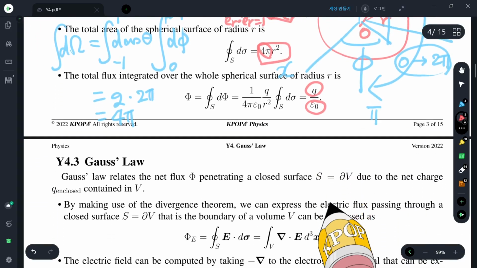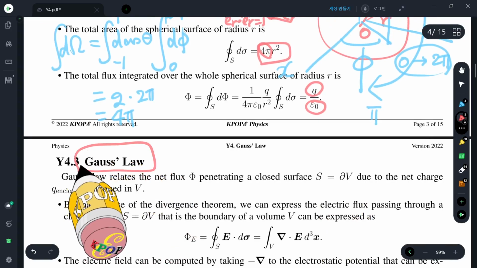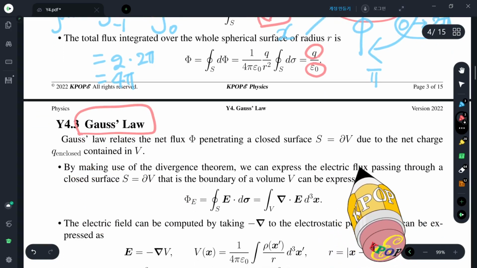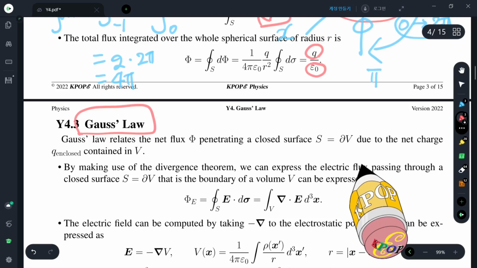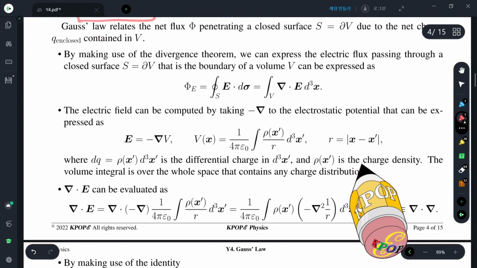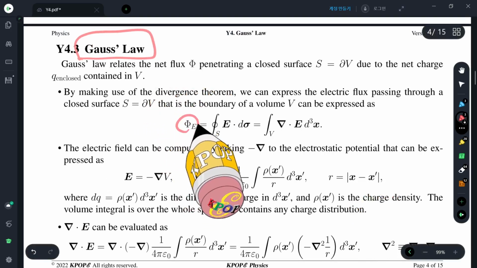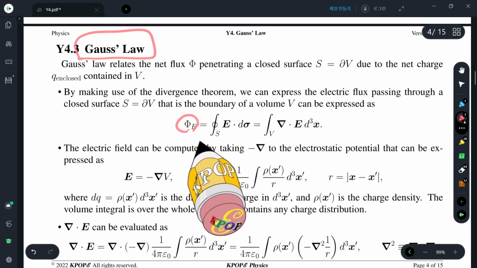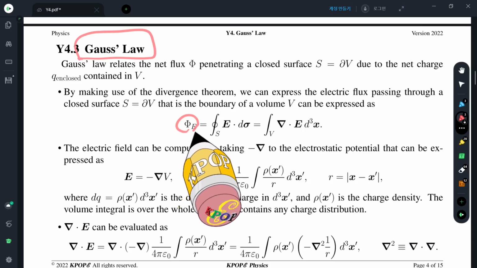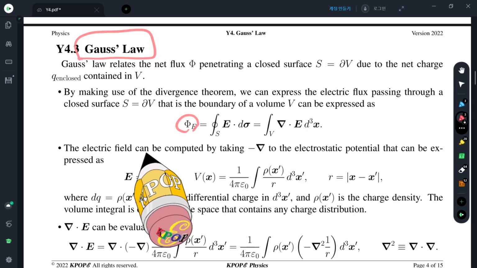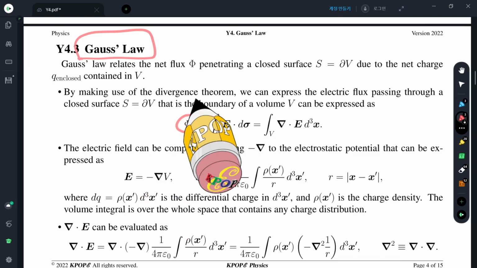This is called Gauss's law. Let us consider the differential form of Gauss's law by making use of the divergence theorem. Gauss's law relates the net flux Phi, with a subscript E for electric flux. Later, we will also consider magnetic flux when we consider Faraday's law.